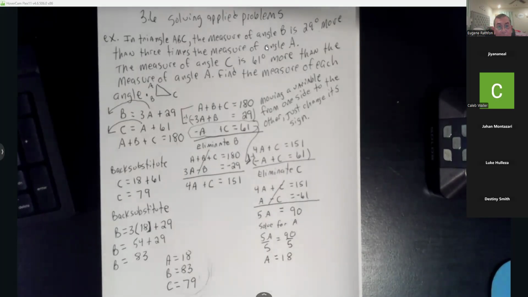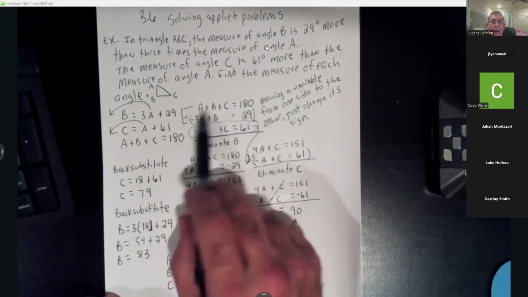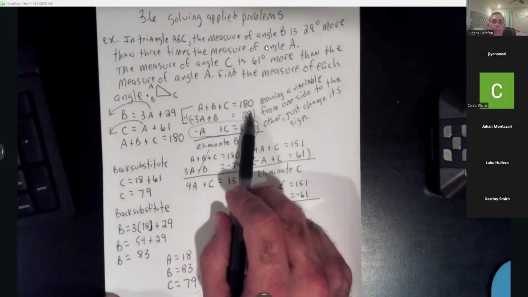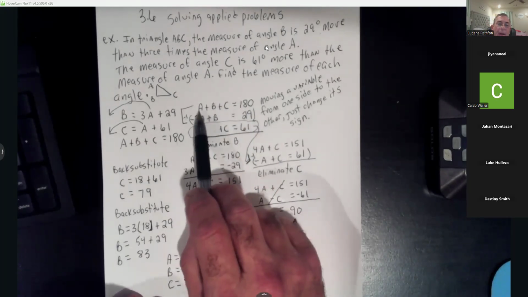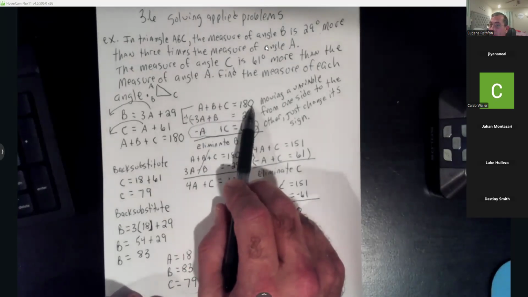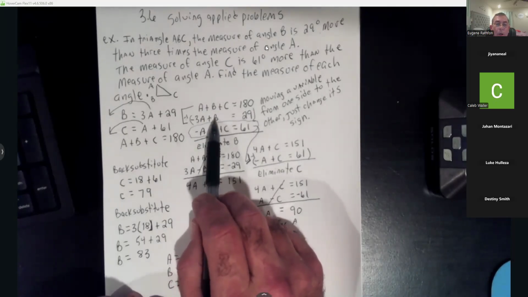So let me show you this one on the calculator. Now, if you do it on the calculator, it's got to be in the right order right here. You got to have all the variables on one side equal to the number. But y'all check this out. Let me ask y'all this. Right here, I would put a 1, 1, 1, 180 when I do it on the calculator. Right here, I would do a -3, 1.